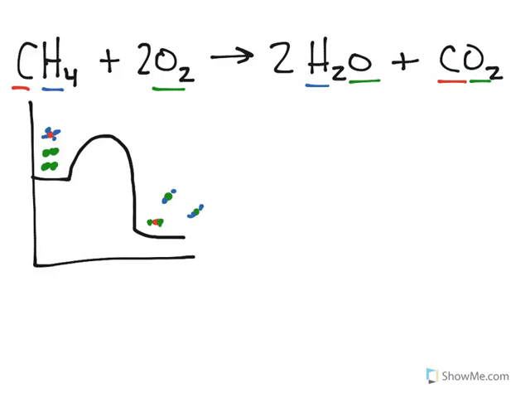Well, in order to get there, these reactant particles must all separate out. So during this activation energy phase, all of these atoms have completely separated out. So we have our 1 carbon and our 4 hydrogens completely separate, and then we have our 4 oxygens completely separate. We had to break these bonds to get here.